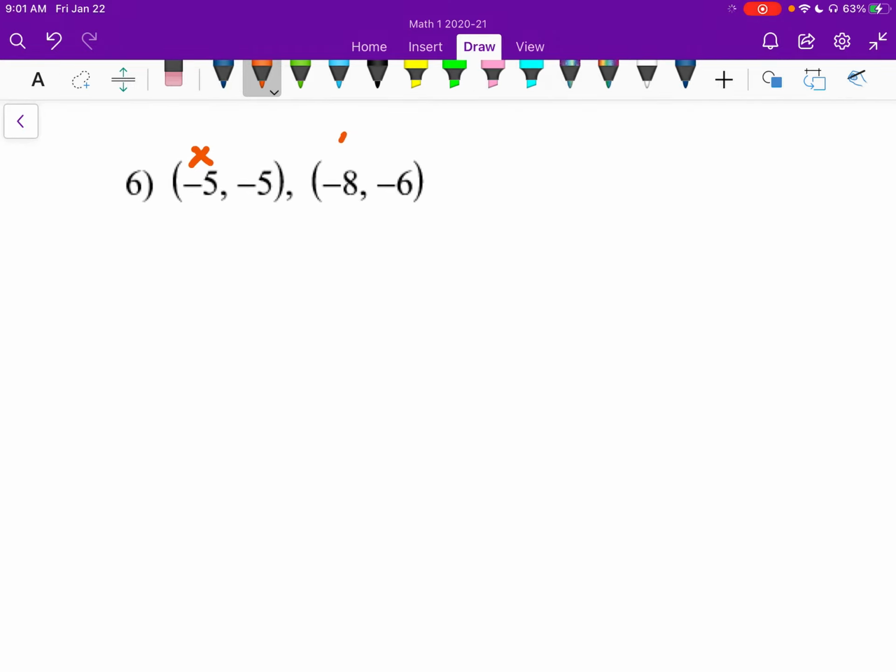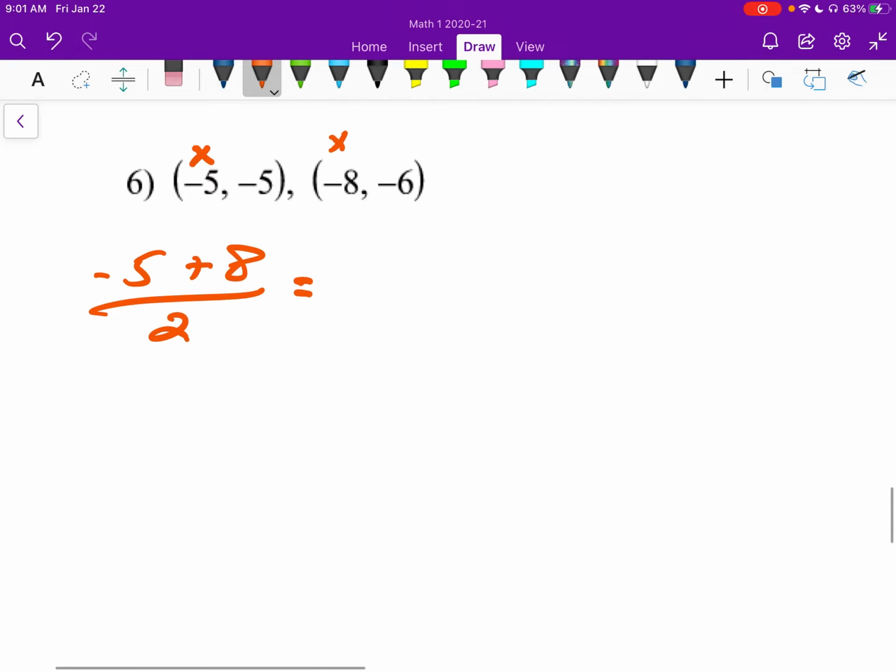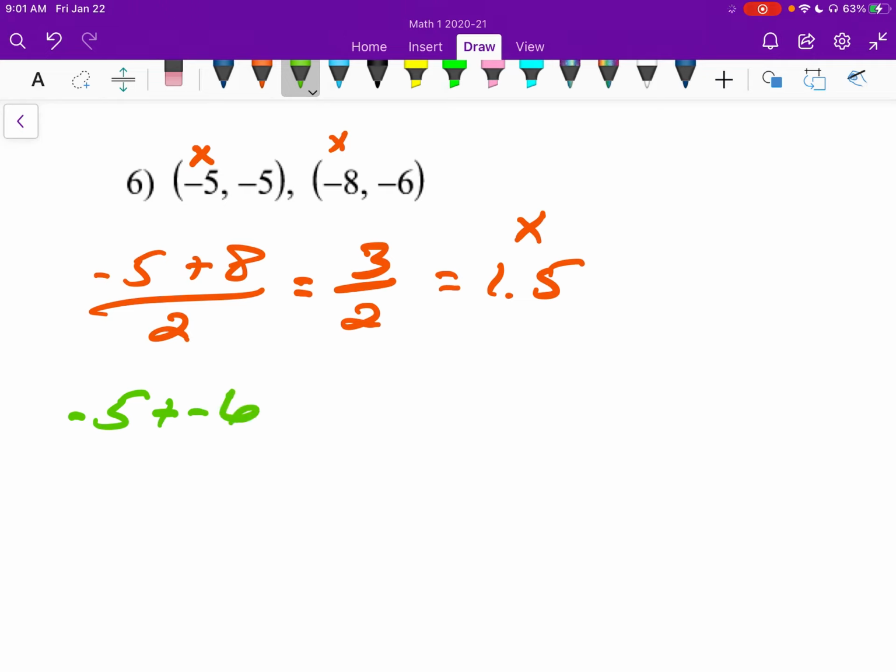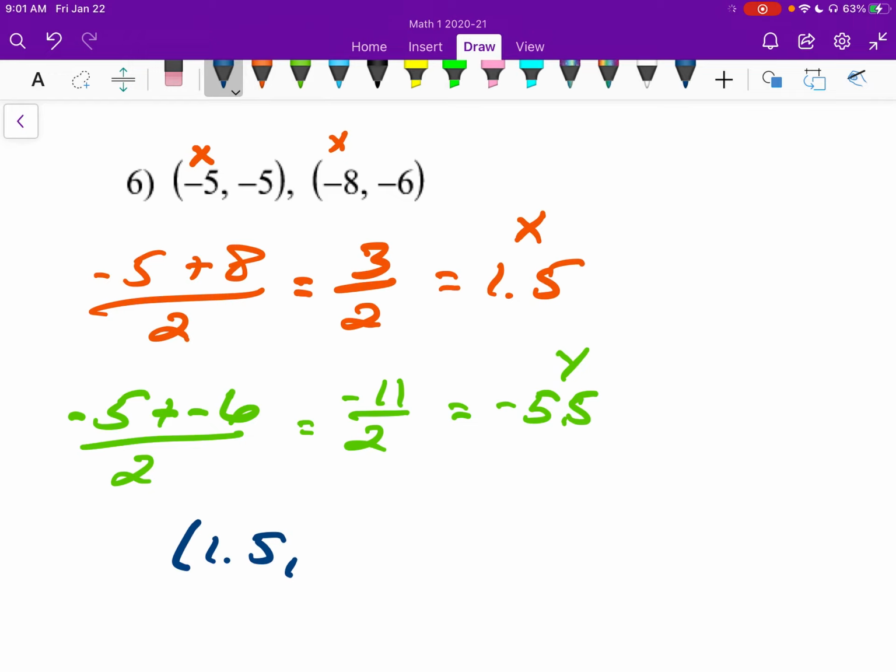Here are our x's: negative 5 plus 8 over 2. 8 minus 5 is 3, so this is 3 over 2, which is 1.5. This is my x. For my y, I'll have negative 5 plus negative 6 over 2, which is negative 11 over 2, which is negative 5.5. That's my y. So I have the point 1.5, negative 5.5.